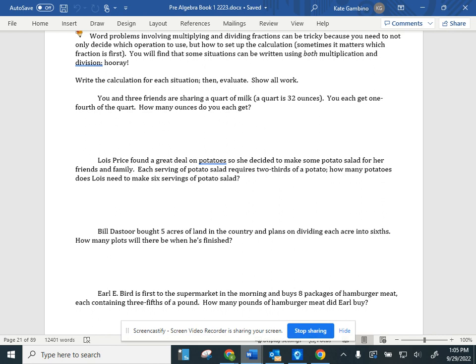So if you're getting 1/4 of a quart, how do I set up my equation? Aiden. So you turn my 32 into a fraction. How do I do that? You put 32 over 1. Okay. And then you divide it with... I don't.